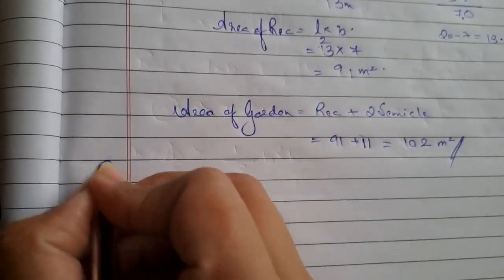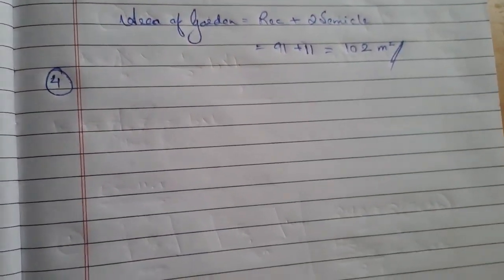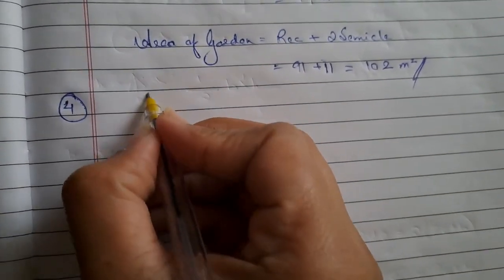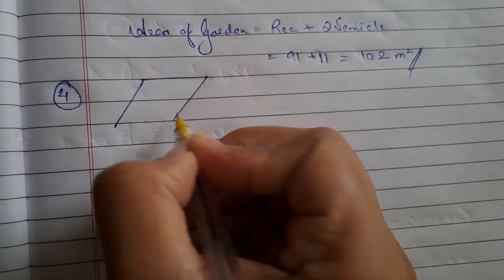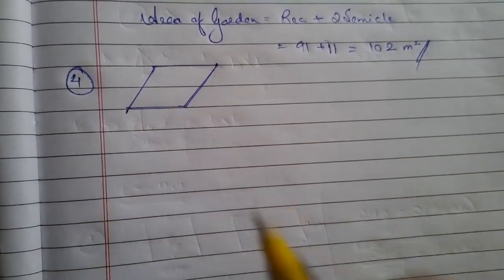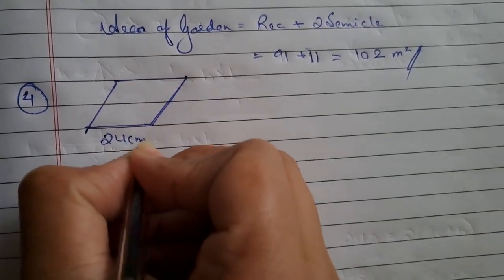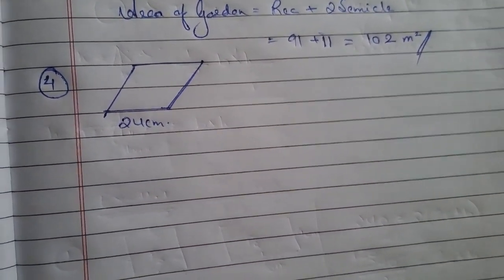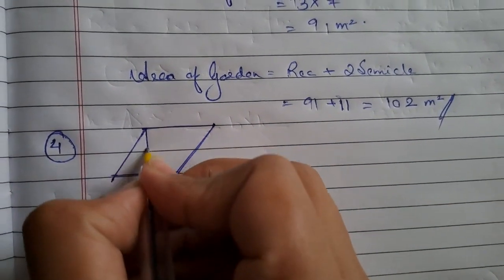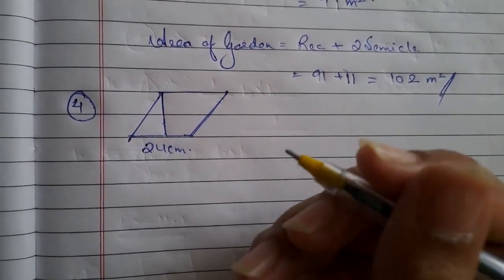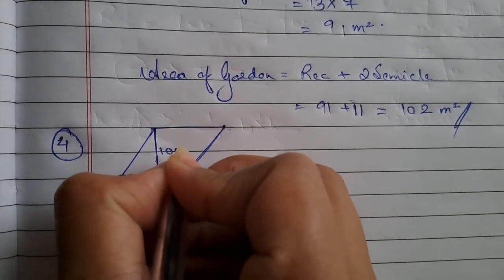Going with the fourth question. The fourth question says a flooring tile has the shape of a parallelogram, whose base is 24 centimeters, and the corresponding height is 10 centimeters.